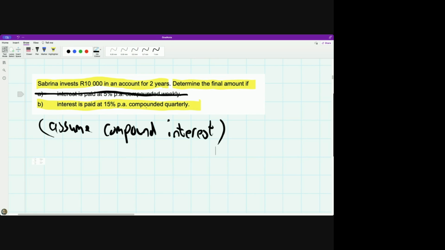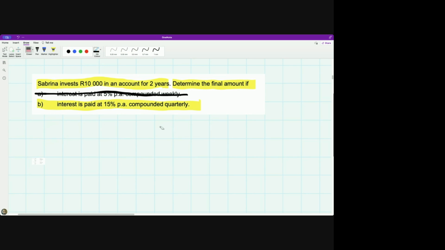Oh, it says here compounded quarterly. So it's in the question. Sorry, old person moment. So I want you to work out what B's answer would be by yourself and then say done in the chat when you're done. And we will see what the answer is.